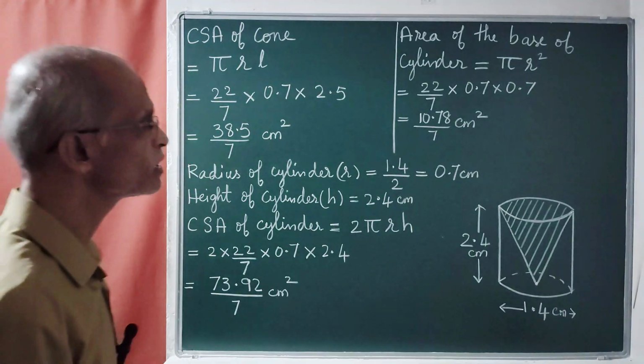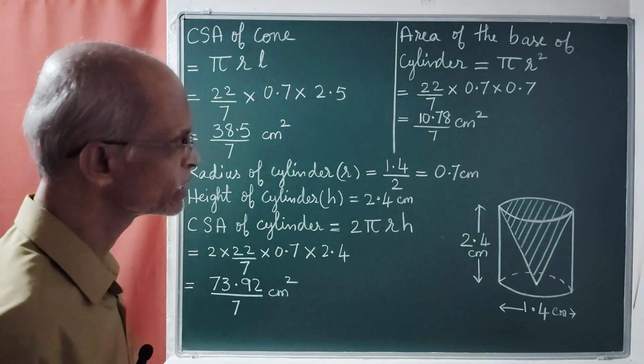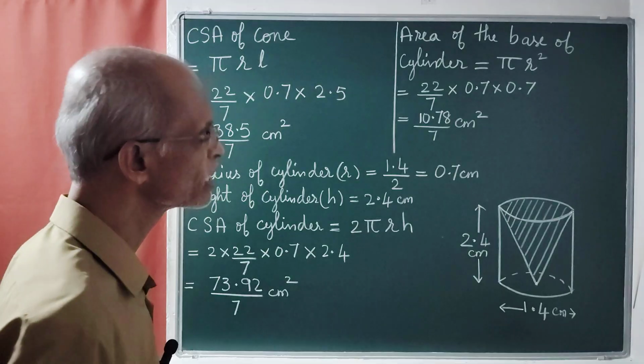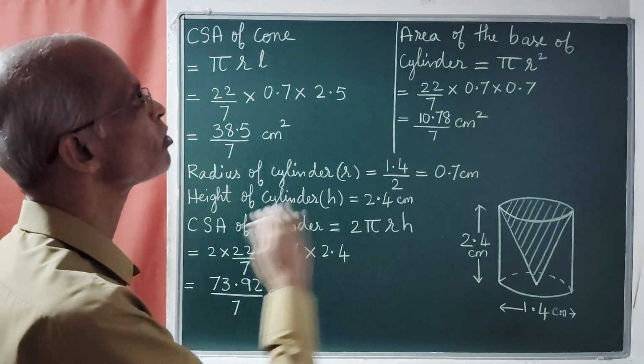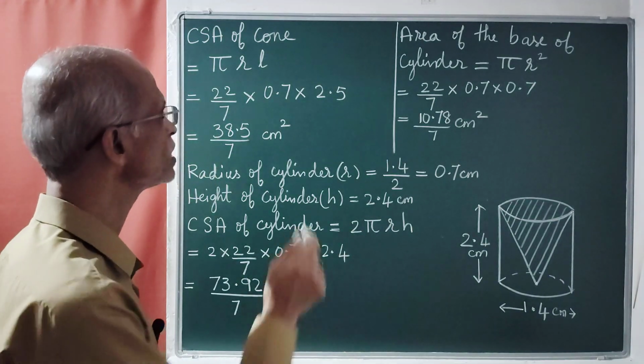Now we have found the CSA of the cylinder, CSA of the cone, and the area of the base. We have to add all these to get the surface area of the solid.